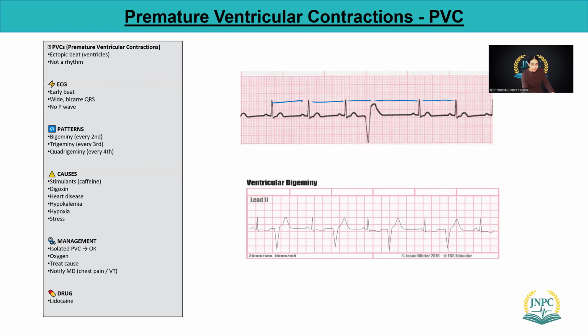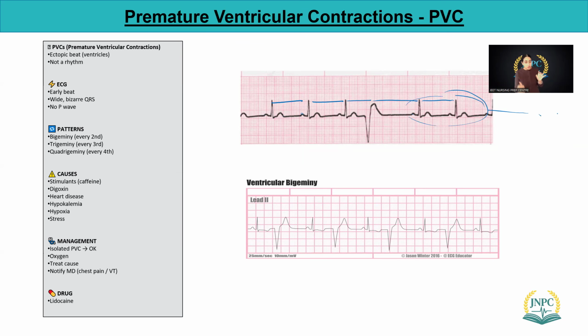So we can see P, Q, R, S, T, and then again P, Q, R, S, T, and then again P, Q, R, S, T, and then there is something drop. So we don't see Q, R, S up, we see down, and then S, T. So P, Q, R, S, T, P, Q, R, S, T, P, Q, R, S, T, and then there was an extra ventricular contraction. And then again, it is going back to normal.